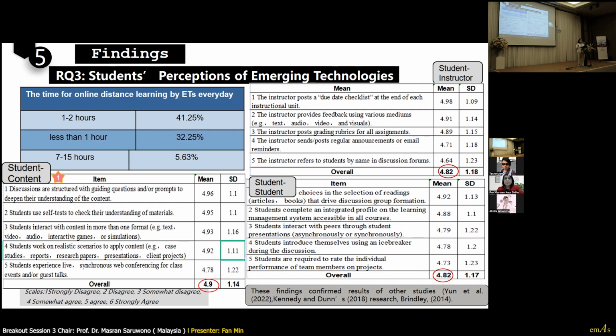We can see the mean score for student to content received the highest mean score, 4.9, and the following two received 4.82. So I think there is no obvious difference between these three factors which influence student learning engagement. Students think the three parts are all equally important. This finding is also confirmed by this research here.